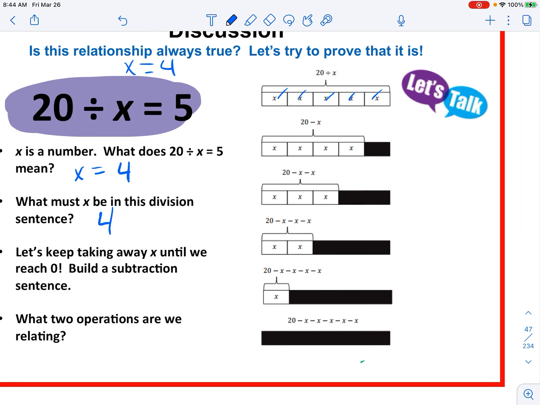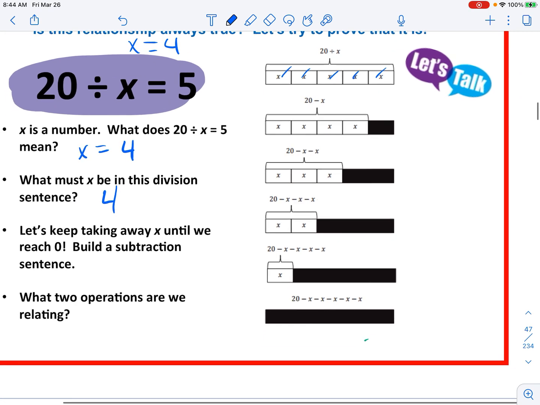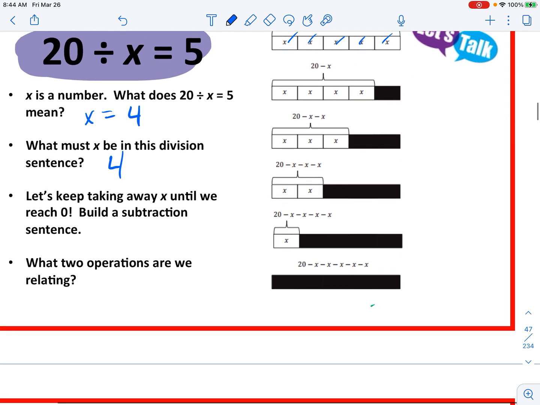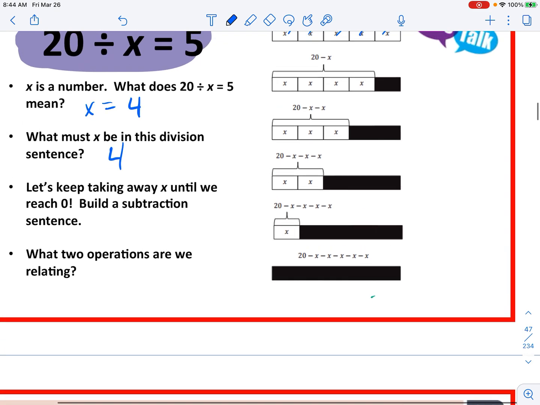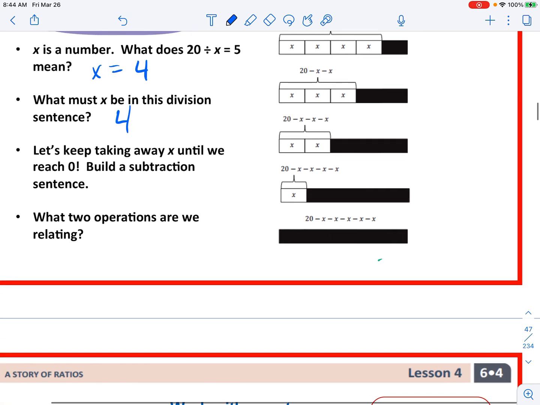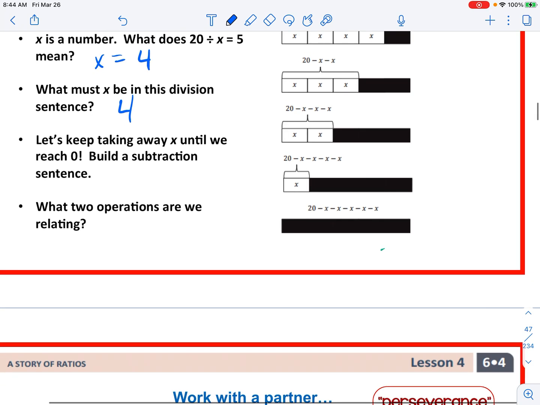20 minus x, and then it goes on to 20 minus x minus x, then 20 minus x minus x minus x, and as you see, that starts blocking out the tape diagram, and then 20 minus x minus x minus x minus x equals x.